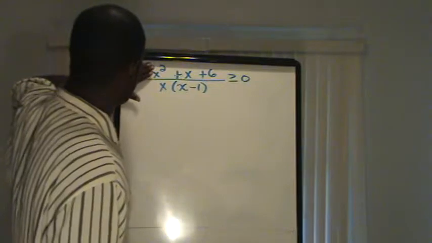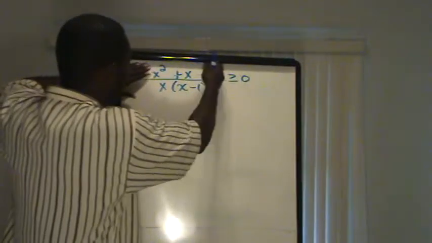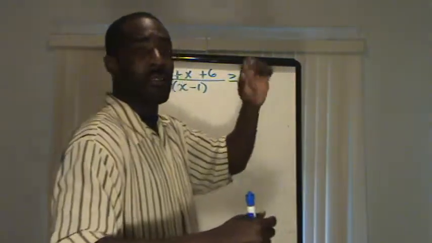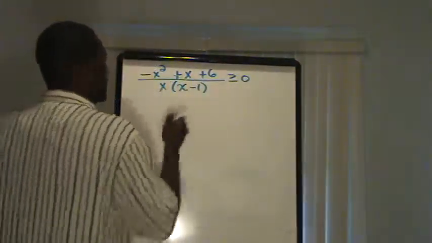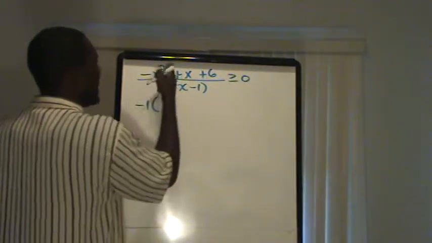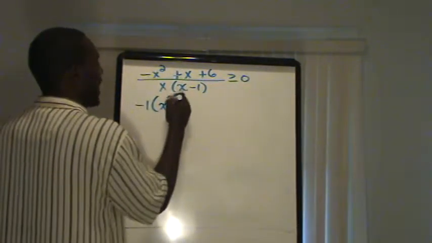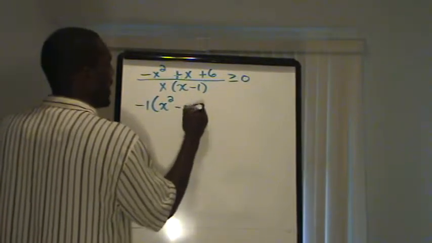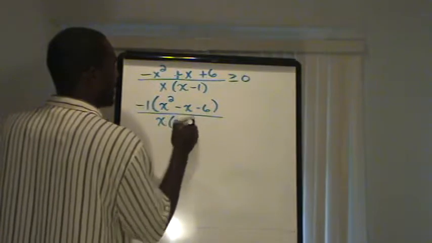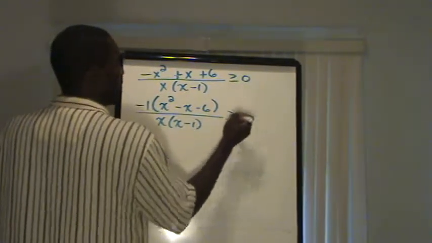That way, this will cause all of our signs to change, and then I can factor a trinomial that has a positive leading coefficient. So if I factor out a negative 1, my negative x squared is simply positive now. Positive x is negative x, and this is minus 6 all over x times x minus 1 is greater than or equal to 0.